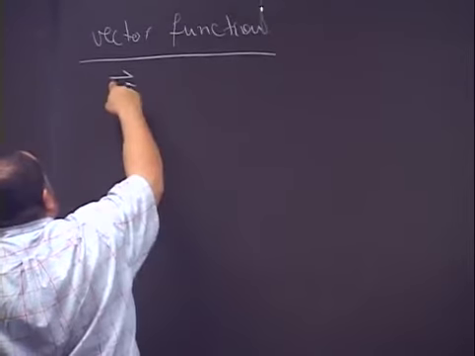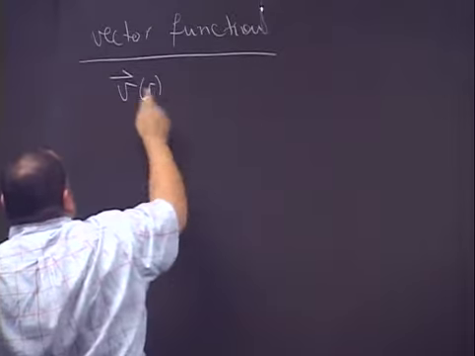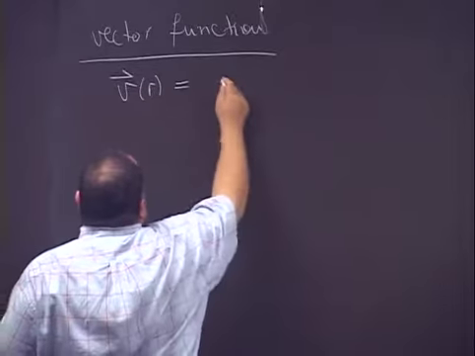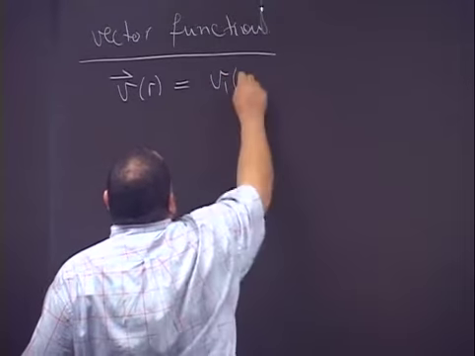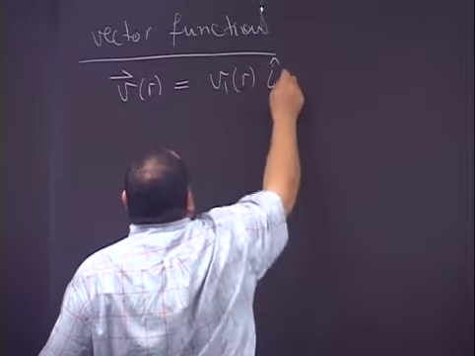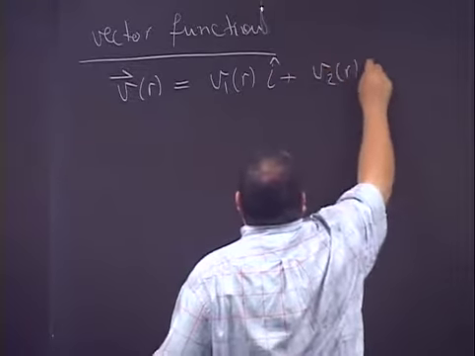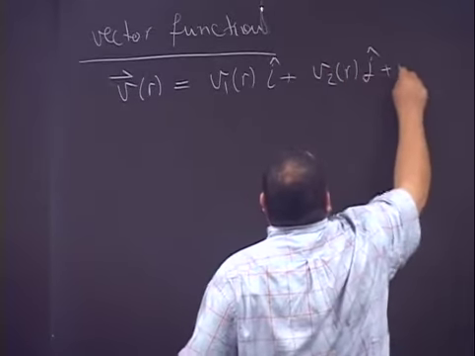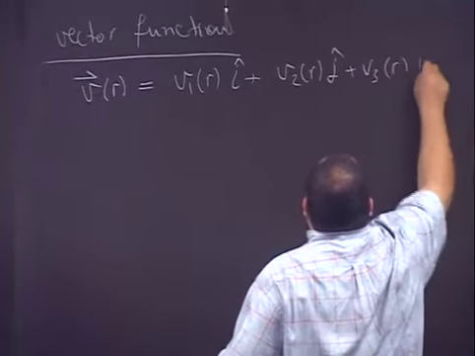I put the arrow on top of v to indicate that it is a vector function, and I can decompose it to v1 of r in the direction of i in Cartesian coordinates, v2 of r in the direction of j, plus v3 of r in the direction of k.